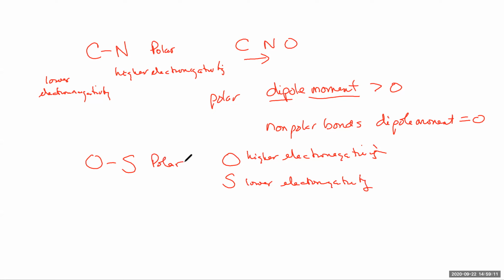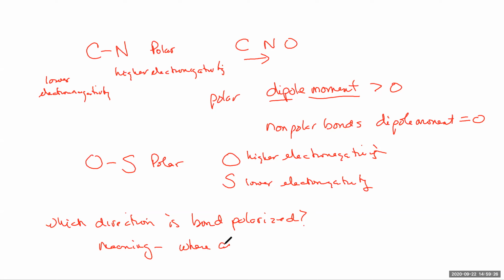And now I could add in one more thing. Which direction is the bond polarized? That means where are electrons more dense and not as dense? And remember, electrons are negative.